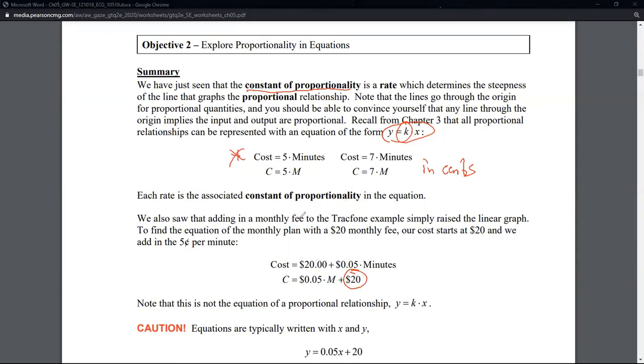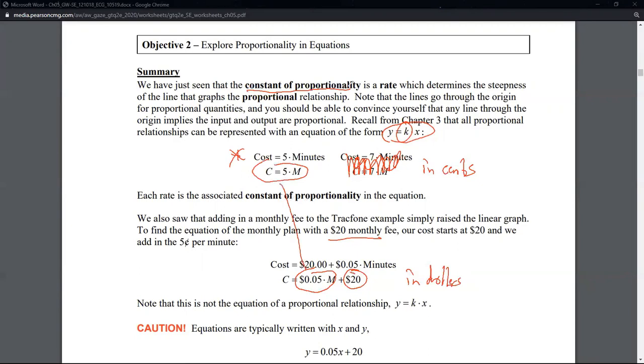So what's going on with that 20? Well, that's when we took the $20 monthly fee. Now we're only doing this one with the 5 cents per minute plan, so we're not going to do the 7 cents per minute plan with the full cost, including that hidden fee, which is not technically hidden. We're seeing it right in front of our face. So this 0.05M is the same thing as this, except now our cost is in dollars.